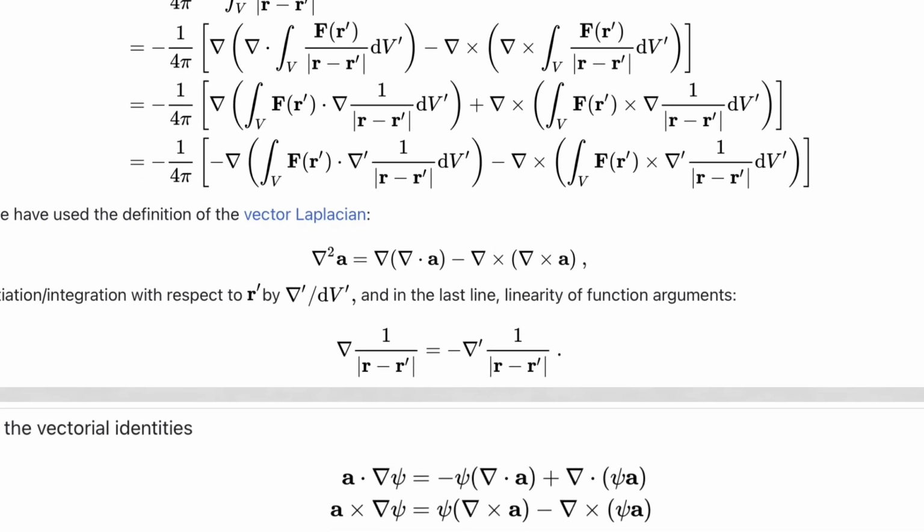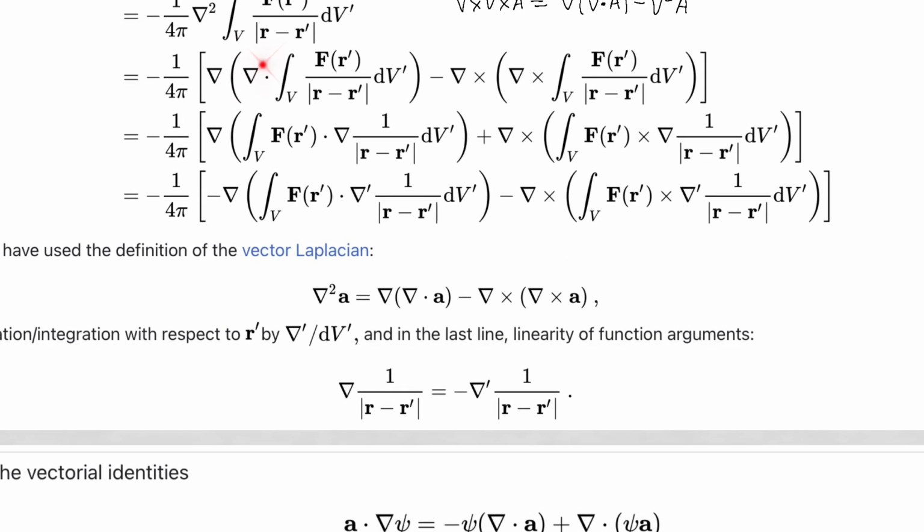So then what do we do? Well, once we have that, what do we do next? We realize that, again, this gradient only affects the r variable, not the r prime variable. The way it's created now, it only affects r. But f is a function of r prime. So this divergence only affects the r prime variable.